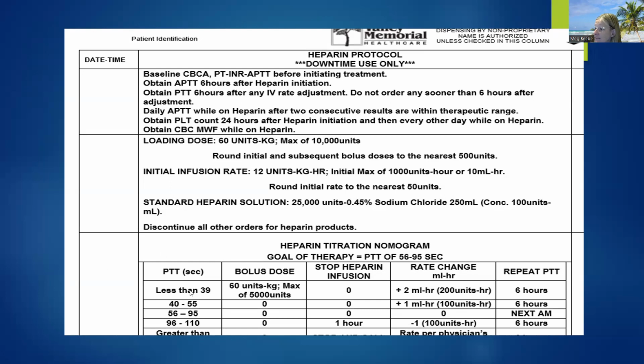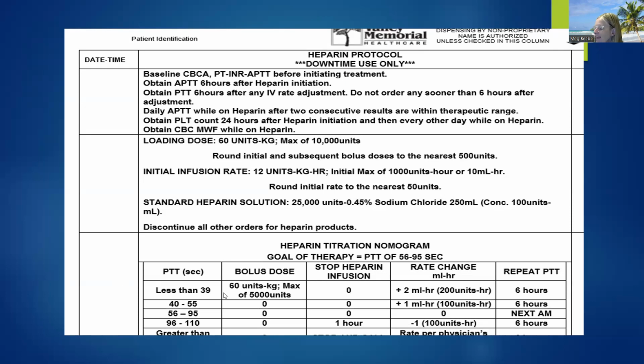Let's say you've got your PTT to start with, and you've got your 6 hour, and you can see that you're at less than 39. If you're at less than 39, you need to stop the heparin infusion, increase that rate by 2 mLs per hour, and then repeat it in 6 hours.